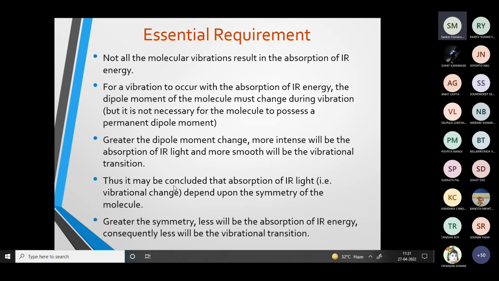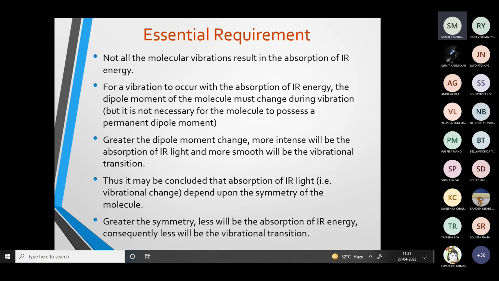Thus, it may be concluded that absorbance of IR light depends upon the symmetry of the molecule. Depending on the symmetry, the spectrum will be specific. A more symmetrical compound, such as hydrogen, oxygen or nitrogen, is not IR active.